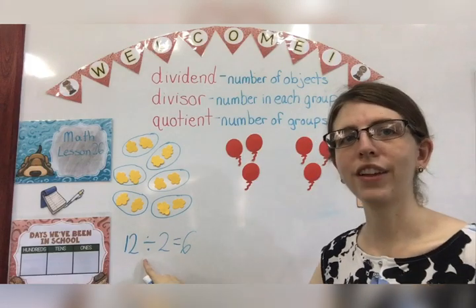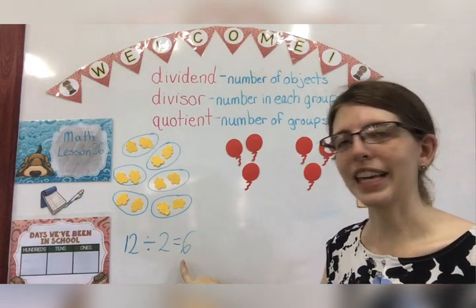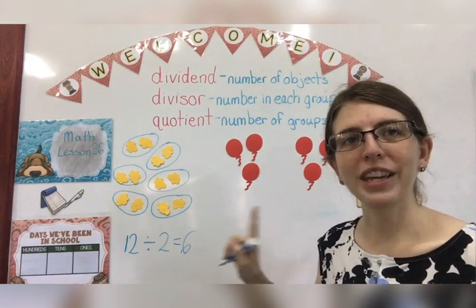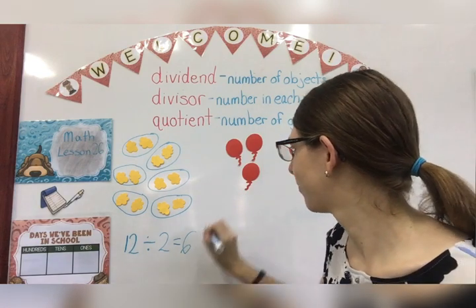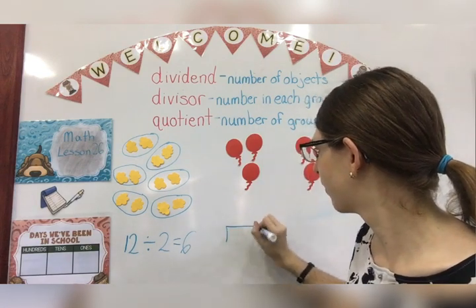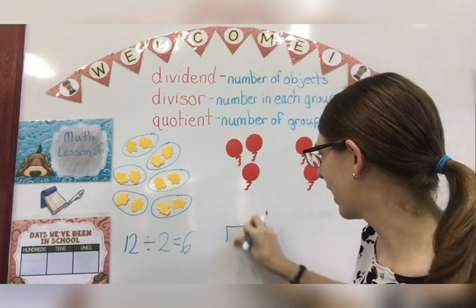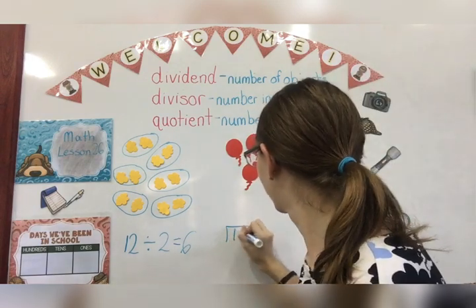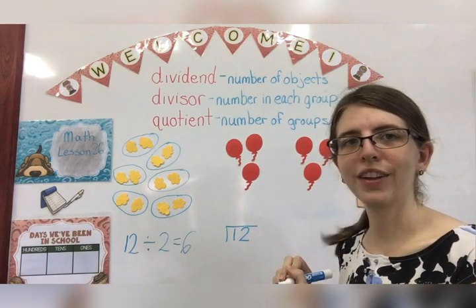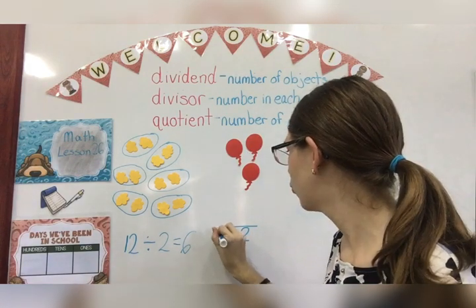So 12 divided by 2 equals 6. We can also write it like this. Here is my quotient. Let me rewrite that so that it looks a little nicer. 12 divided by 2.